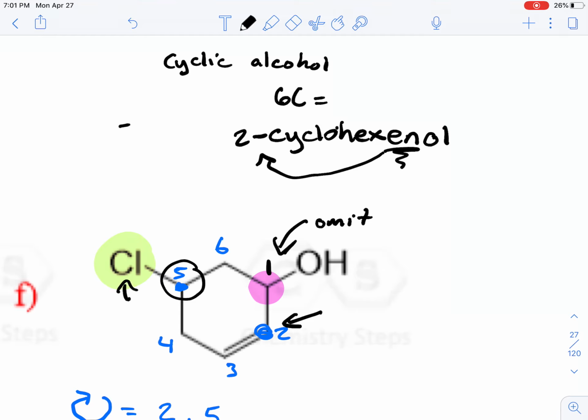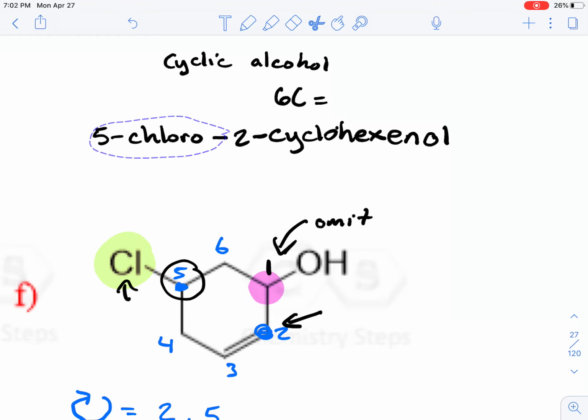And so I'm going to say 5-chloro-2-cyclohexenol. All right. And so here, this is going to be the name of this organic compound, 5-chloro-2-cyclohexenol.